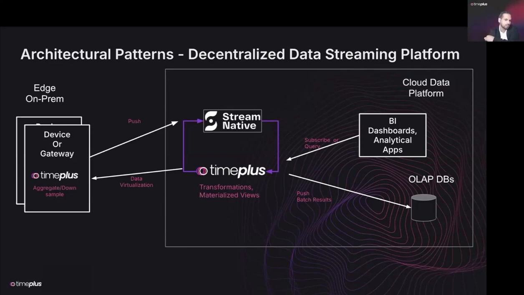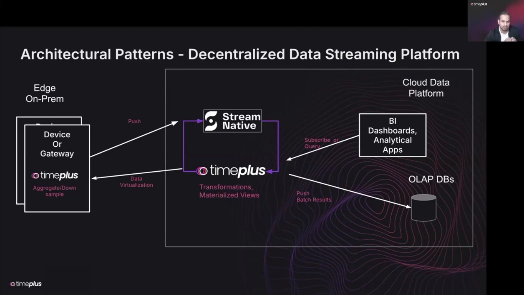The other thing we have also is something called data virtualization, where between Timeplus instances or between Timeplus clusters, you can almost treat them as one, right? If you have sources of data coming from, let's say, US East and US West, and maybe you want that aggregate insight, but you don't have to necessarily bring all the data into one location before merging that.